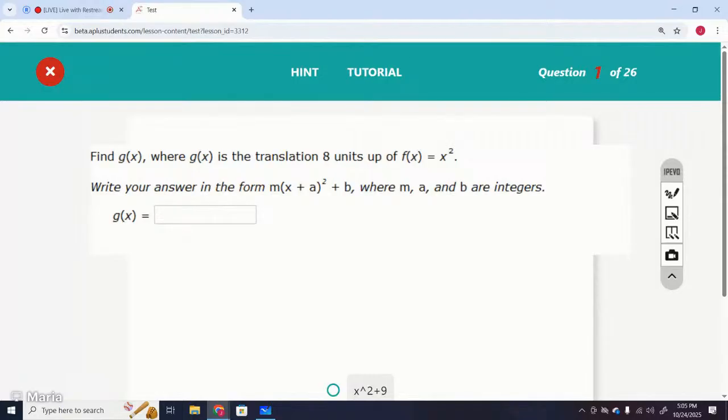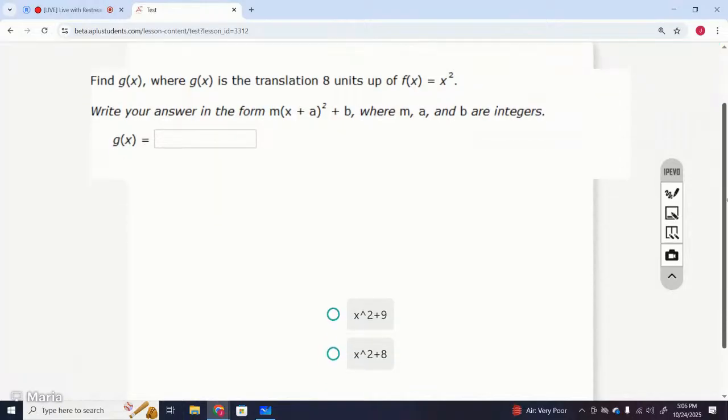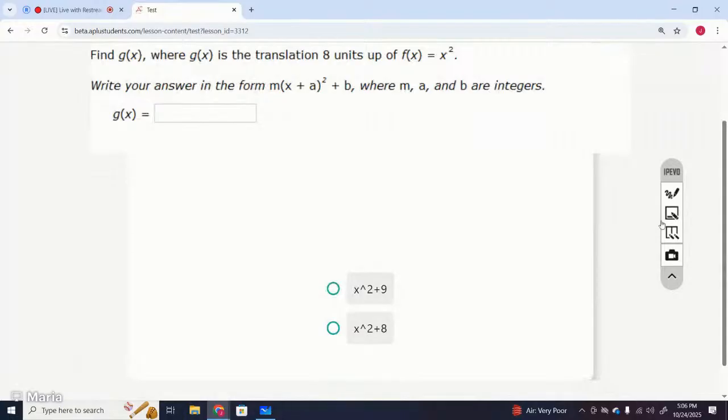Find g of x, where g of x is the translation 8 units up of f of x equals x square. That is x square plus 8, option number 2 is the correct option.